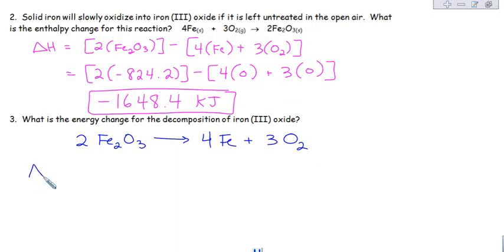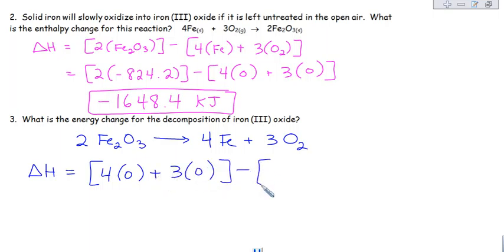I would have delta H equals, on my product side, 4 times 0 plus 3 times 0 minus my reactant, 2 times the iron oxide, negative 824.2.